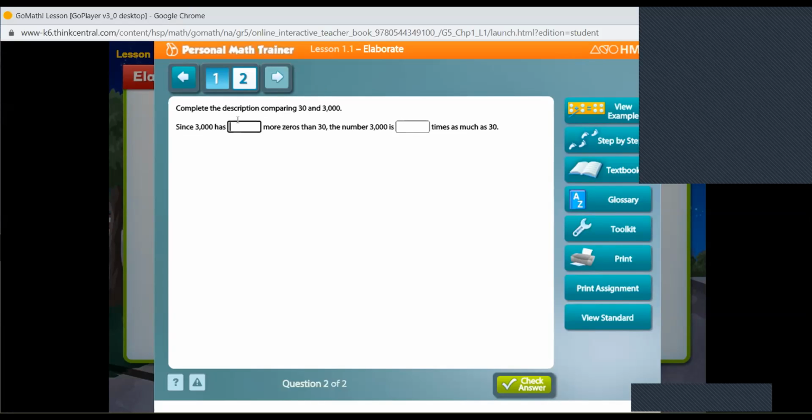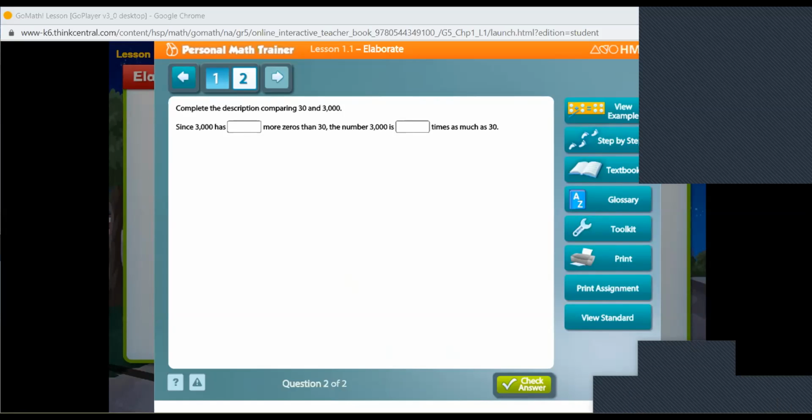How many more zeros do you see in 3,000 when you compare to 30? Tina, how many zeros does 30 have? Look at the board. How many zeros? How many does it have? 1.